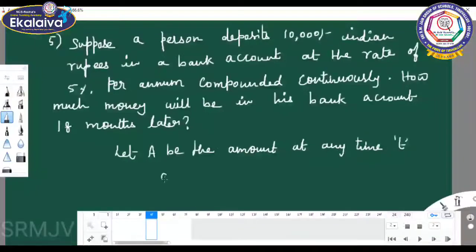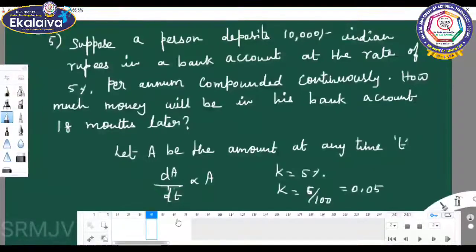The rate of change of amount with respect to time is directly proportional to the amount. But interest is given as 5 percent, so you can take k equals 5 by 100, k equals 0.05.